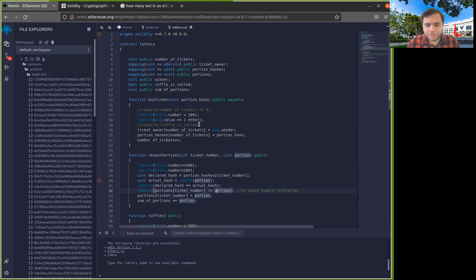So if at the end of this period that we had for revealing the portions, we check and see that there is at least one portion that is not revealed, we can say, okay, the whole lottery is canceled and we're going to redo the lottery. Okay. Would this solve the problem?